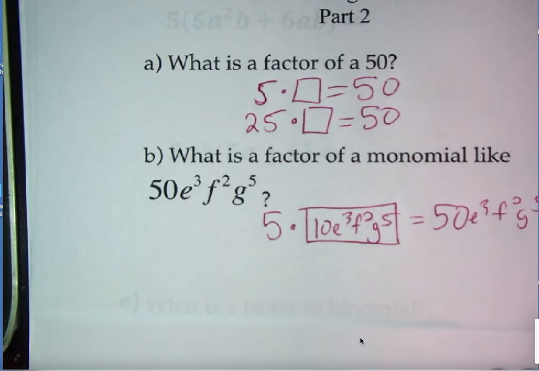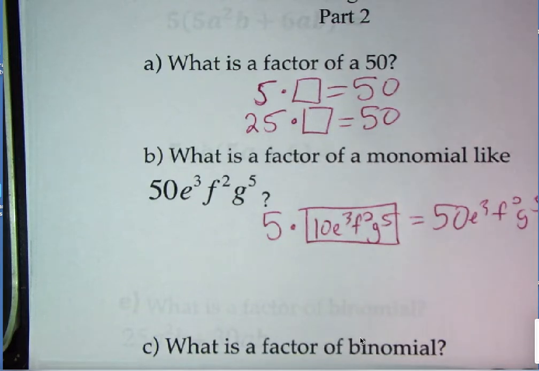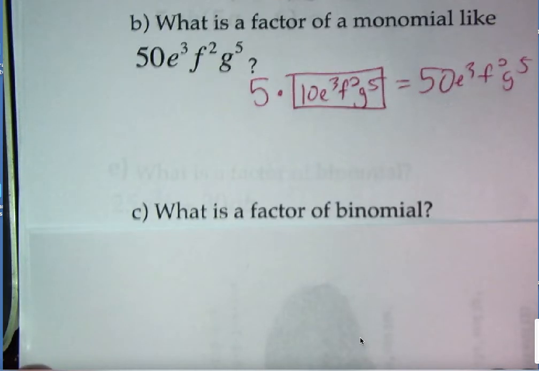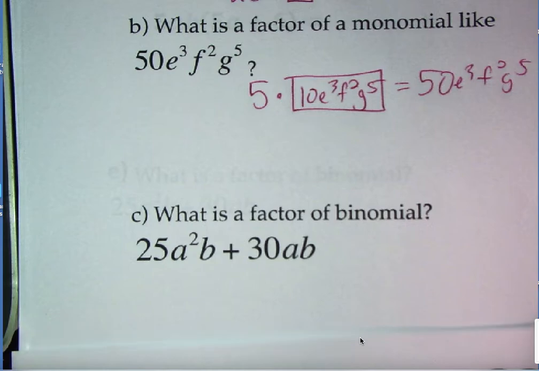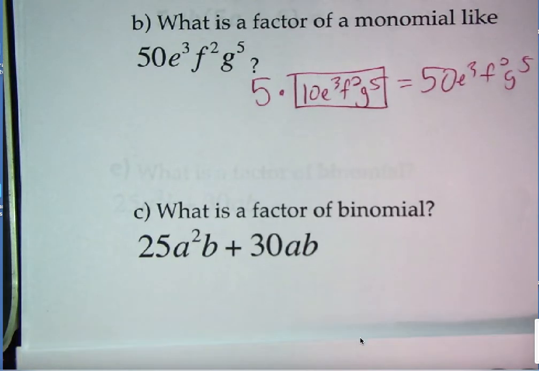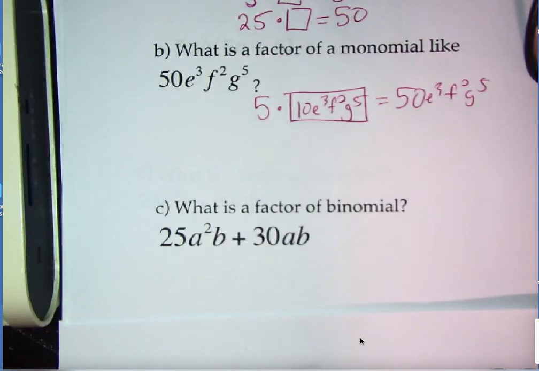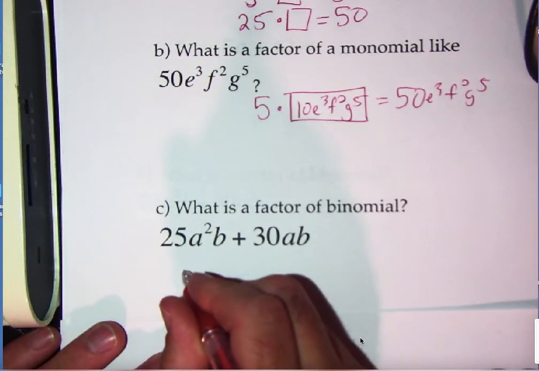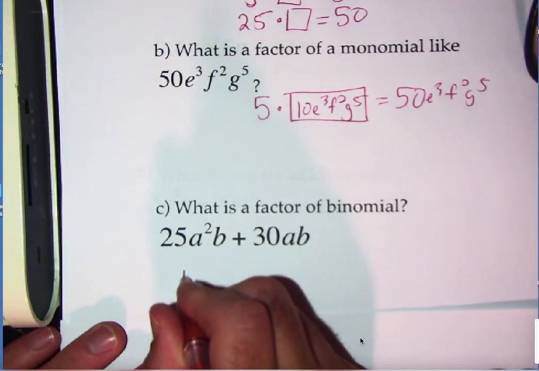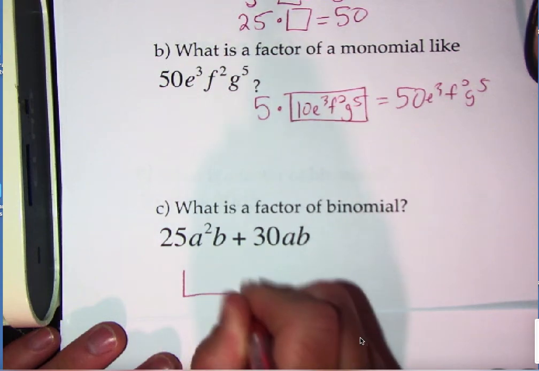Now, our challenge is, dun dun dun, how do we figure out a factor of a binomial? I want you to pause and think about that a little bit more. What is a factor of a binomial? And in the end, it's the same thing.